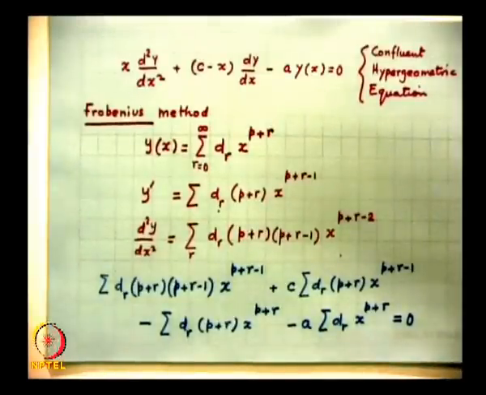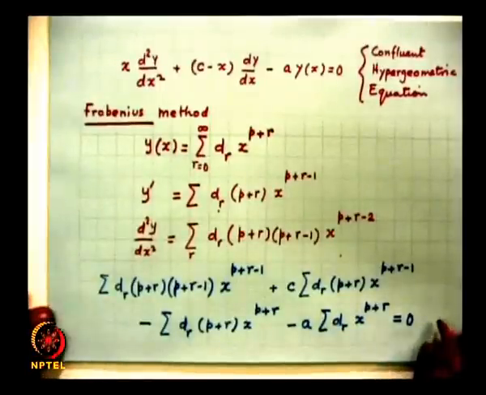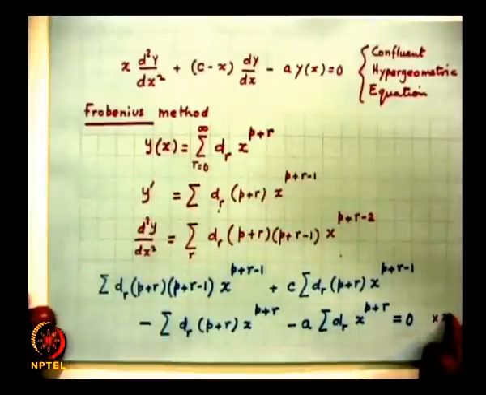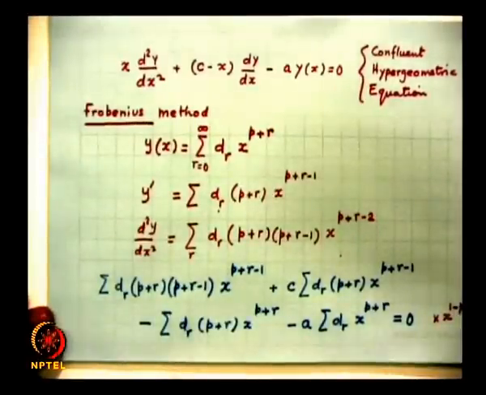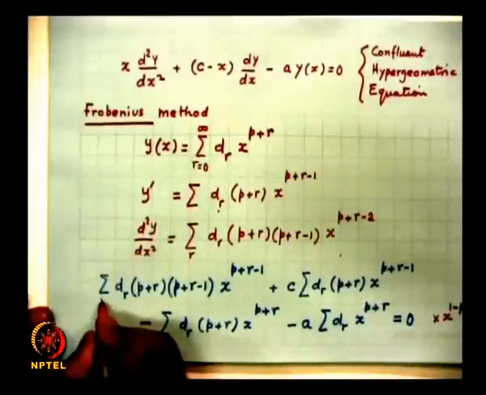What I do next is multiply the whole equation by x to the power of 1 minus p, the summation being over r.